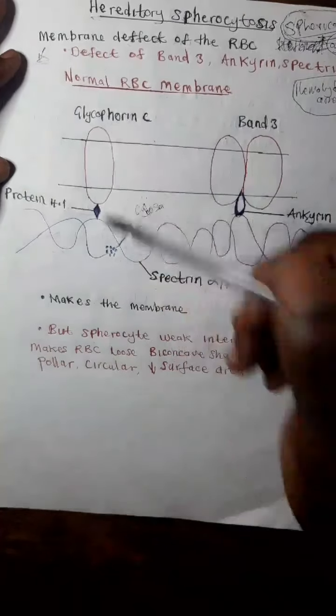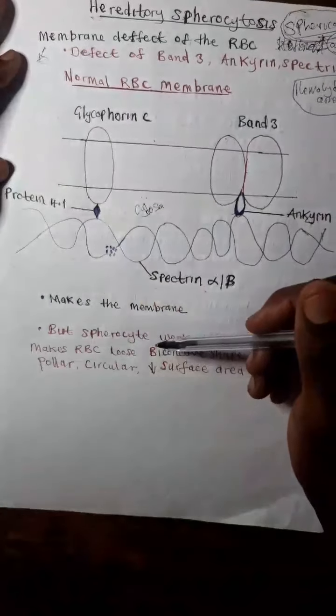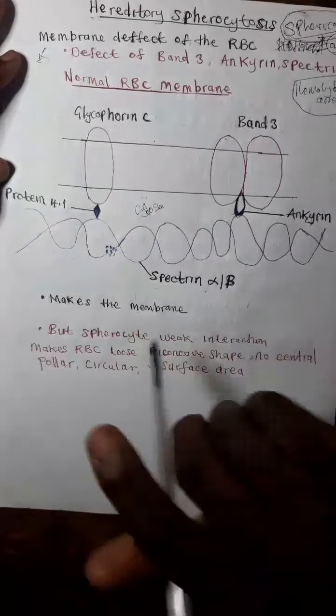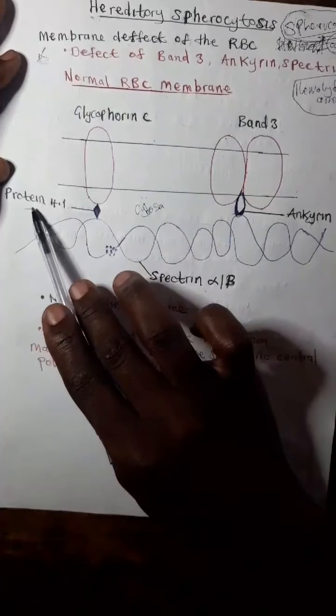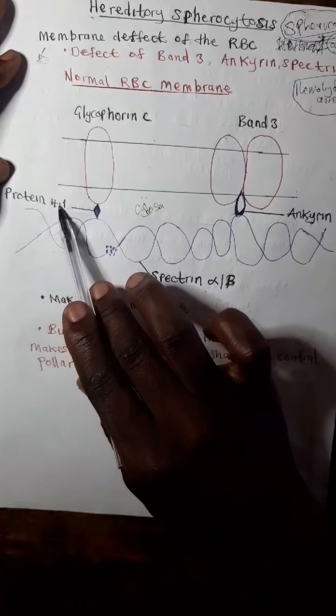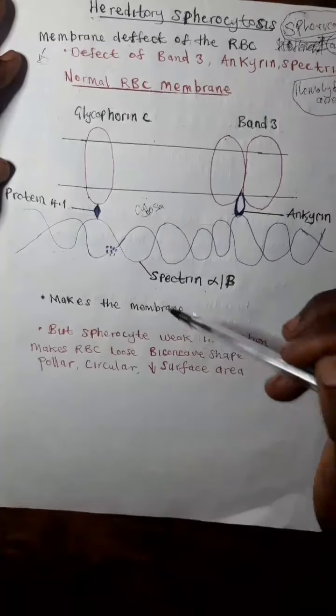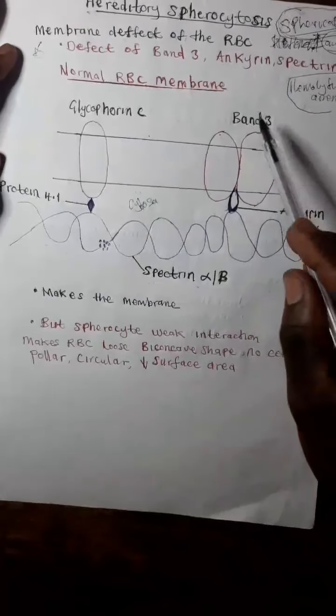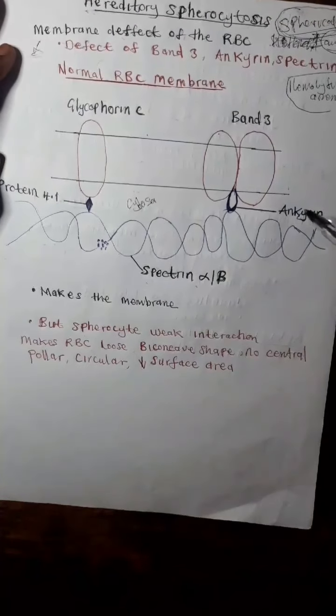So there are two associations: the glycophorin C, protein 4.1, spectrin association, and the band 3, ankyrin, spectrin association.